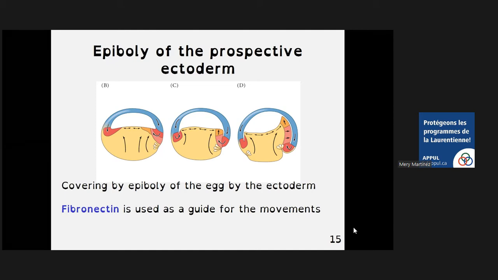Now, a second step that is important during epiboly requires the presence of a molecule that we have already seen, the fibronectin. Okay, so fibronectin is what we can see in this figure over here, and that is guiding the cell movements. Okay, so it seems that fibronectin is used as a highway to guide the ectodermal cells toward the vegetal pole.